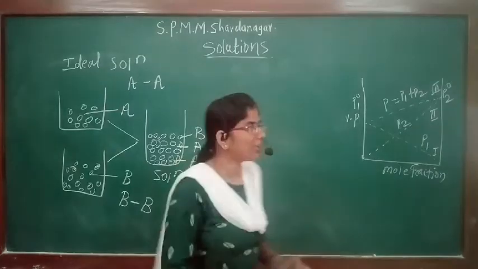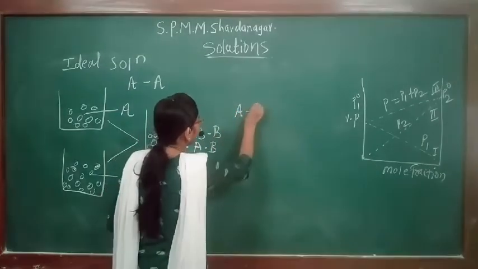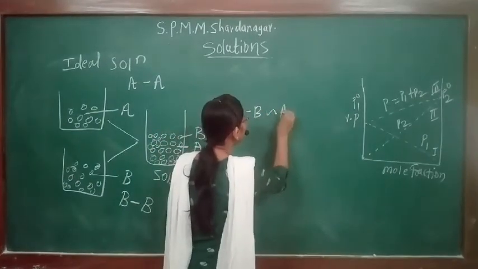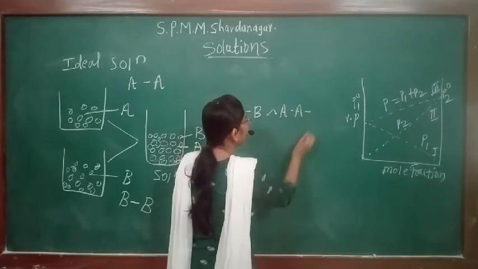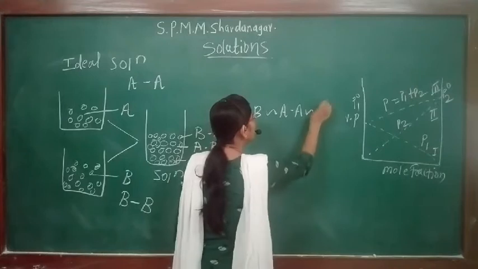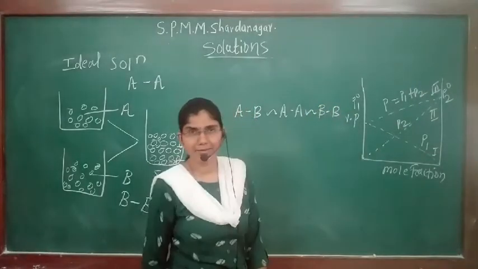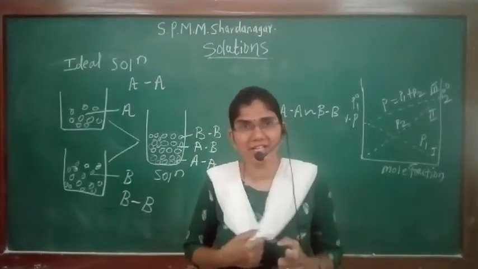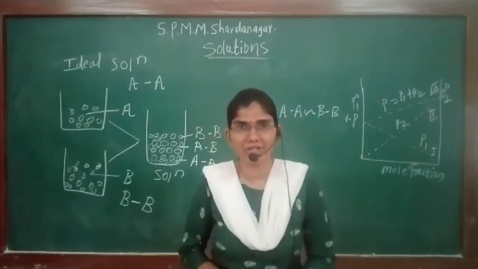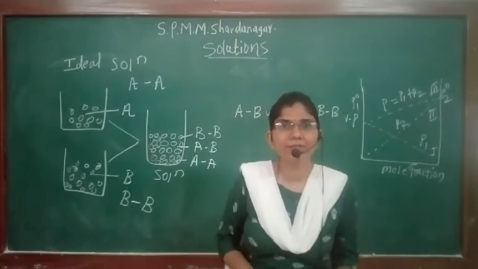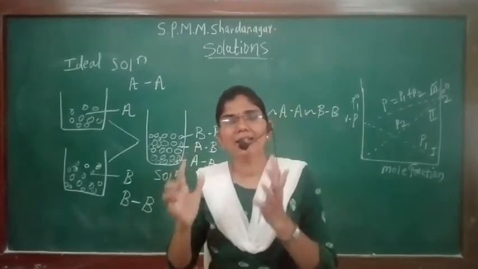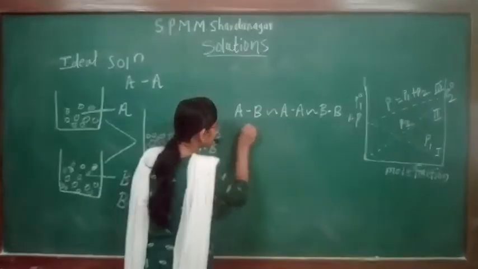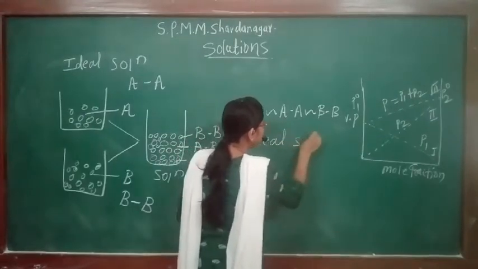If the strength of AB, the solute-solvent interaction, is equal to the strength of AA and also equal to the strength of BB, that is, the same as the solute-solute and solvent-solvent interactions, then that type of solution is called an ideal solution.